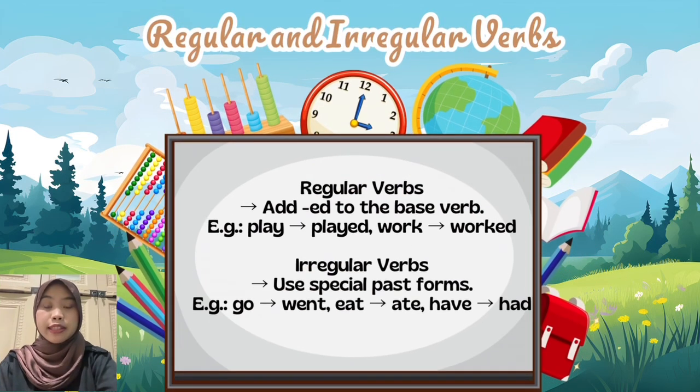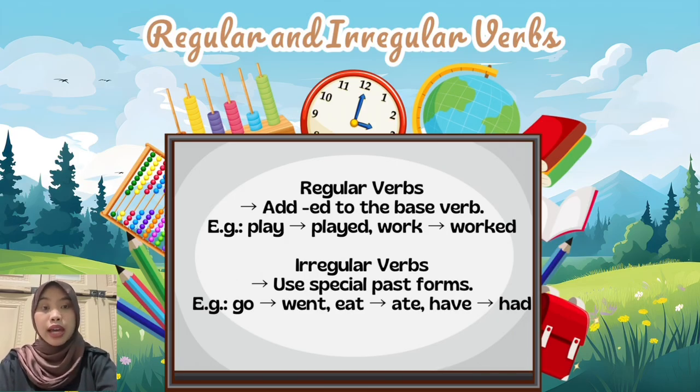In the simple past tense, verbs change their form to show that the action happened in the past. There are 2 types of verbs we use: regular verbs and irregular verbs. Let's start with regular verbs. These are verbs that form the past tense by simply adding ed to the base form. For example, play becomes played and work becomes worked.